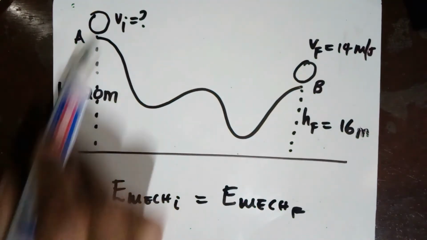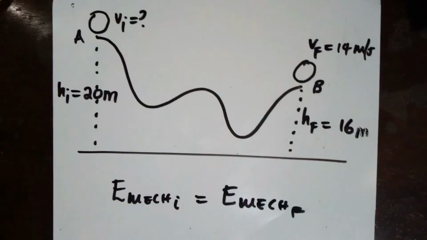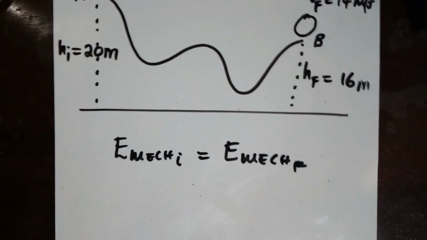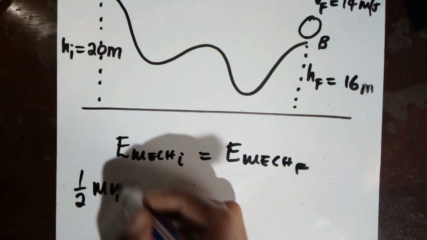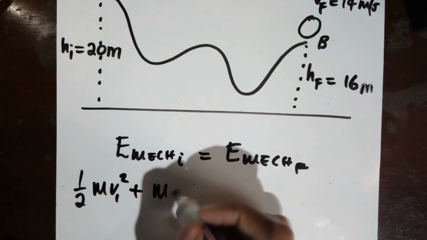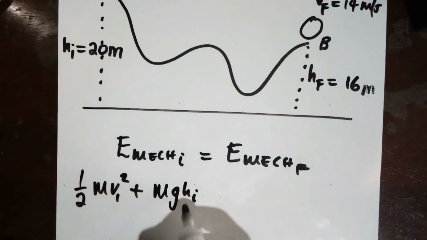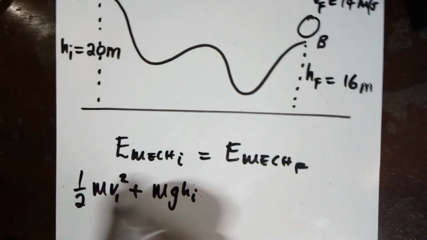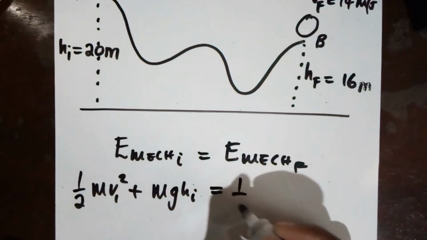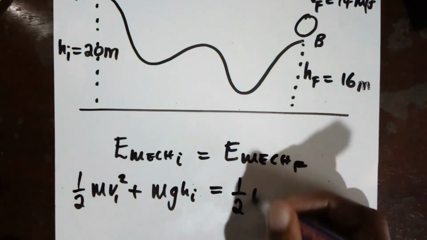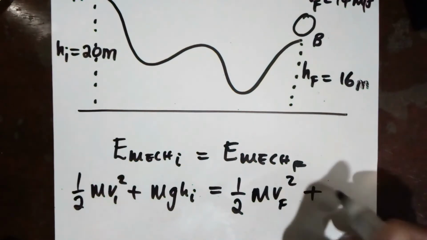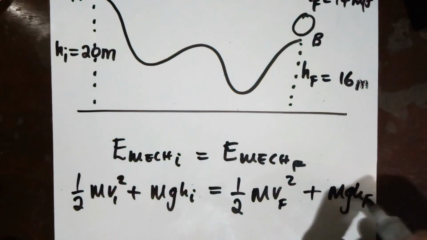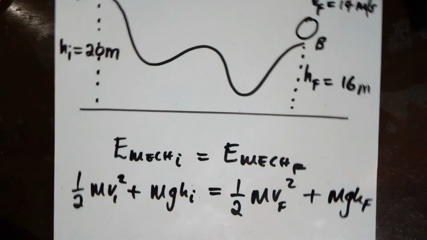This is our initial position, this is our final position of that ball. So we have a half m v_i squared plus m g h_i, so this is the initial velocity and height of that ball, and then after that it should be equal to a half m v_f squared, so this is kinetic energy, plus m g h_f, so this is the final height.